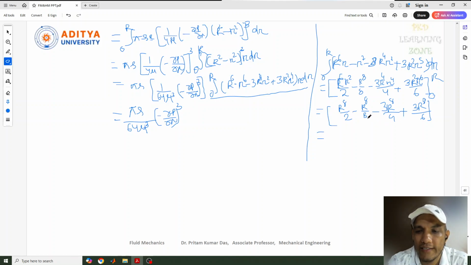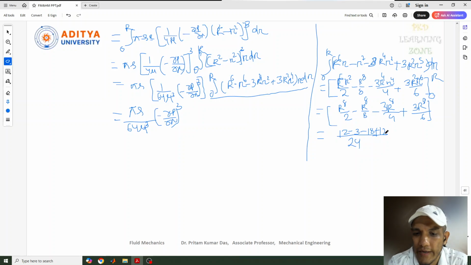We can do the LCM of this, so 2, 4, 8, 6. If you take all these things, what will the LCM be? We can go for 24. So 24 means let's take r to the power 8 common, then we'll get here 12 minus, this is 3, and this is minus 4, 6, 18, and this is again 6, 4, 12.